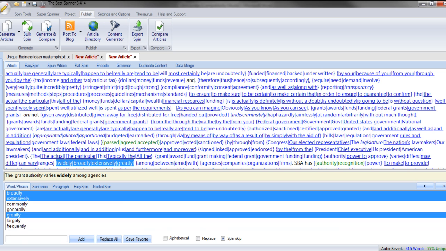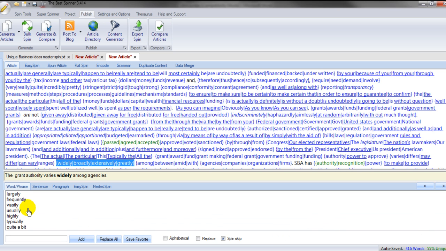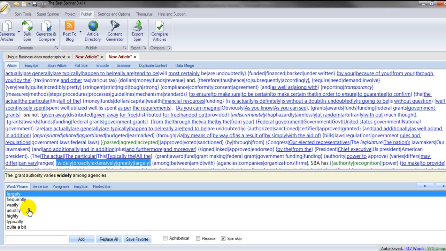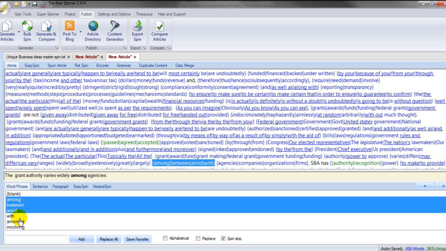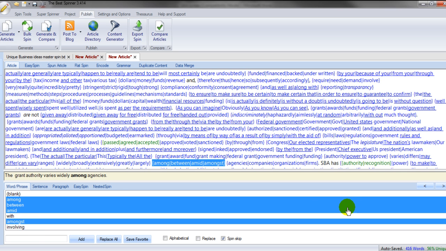So do as many words as possible, at least 6, 7, because we are looking for minimum 12 to 15 articles, spin articles, largely, among, between, amid, with, not with, amongst.